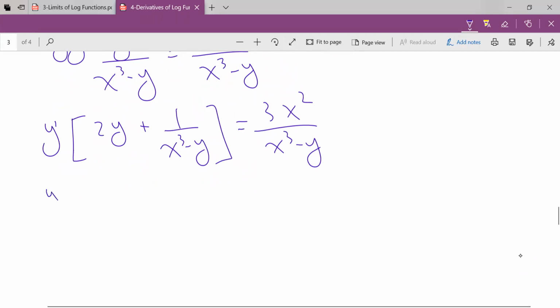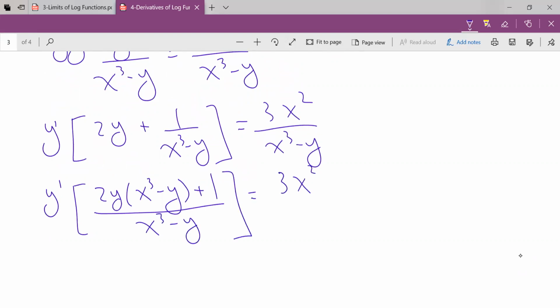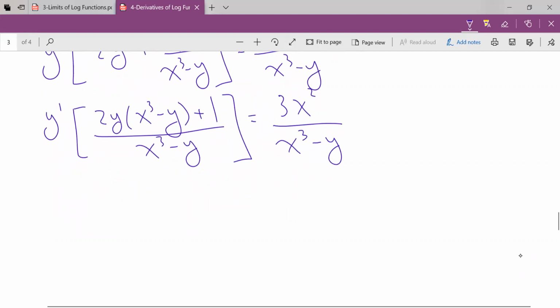But before we do that, we must get a common denominator. So once we get that common denominator, it'll be 2y times x cubed minus y, plus 1, all over x cubed minus y. Okay, this is a beast of a question, isn't it? Now what we're able to do finally is divide both sides by this beast.